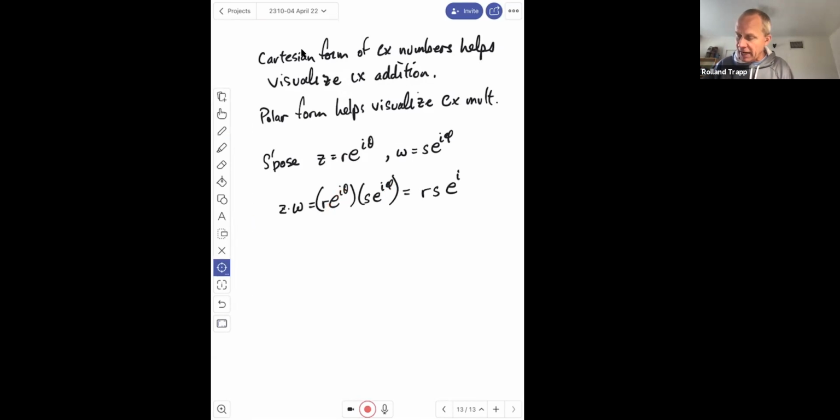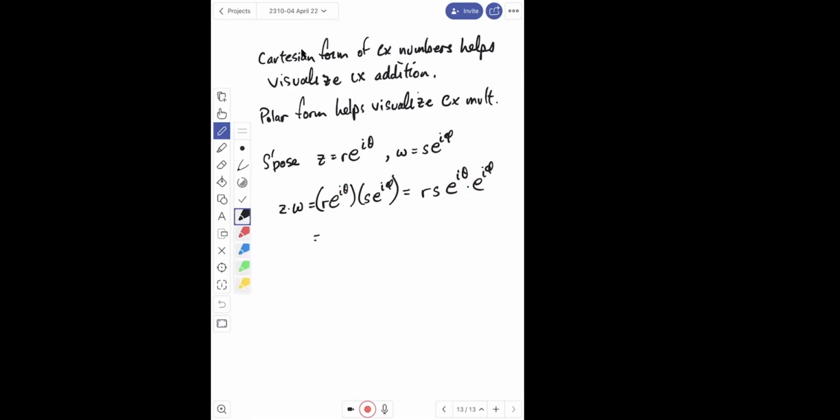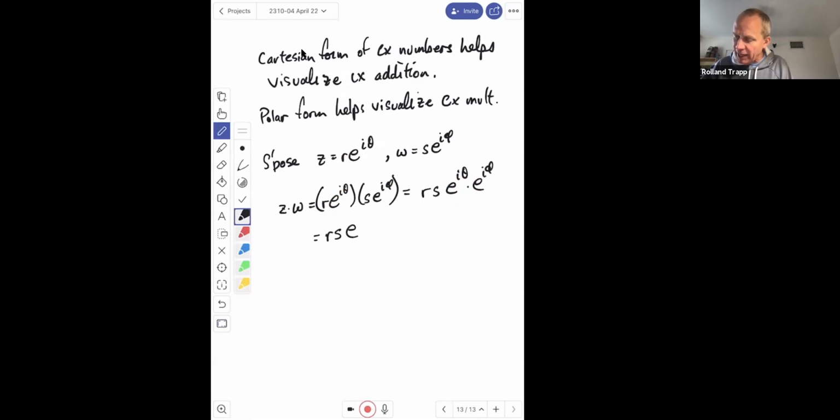If I have e to the i theta times e to the i phi, what do you do with exponents when you multiply something with the same base? You add them. So this is going to be rs, and then I can factor the i out, and I get e to the i (theta plus phi).